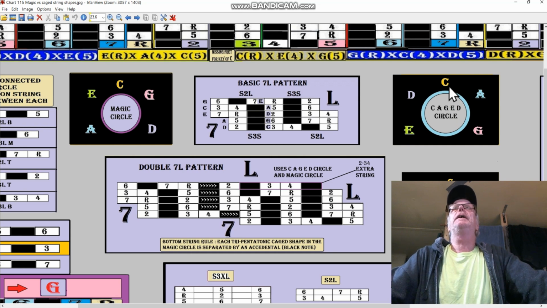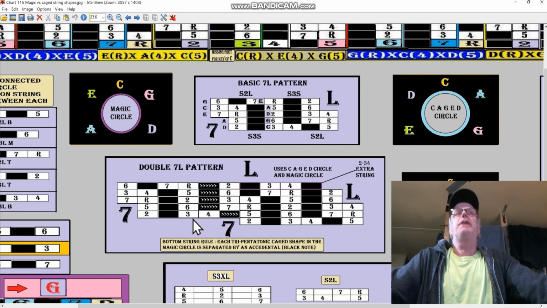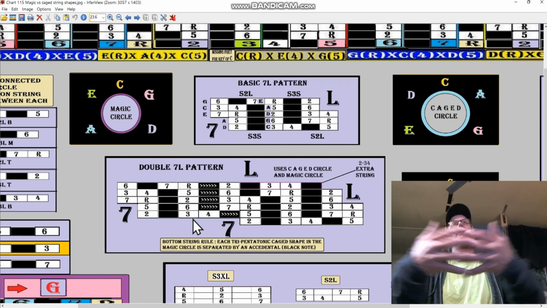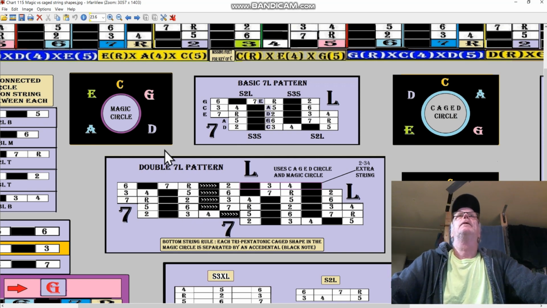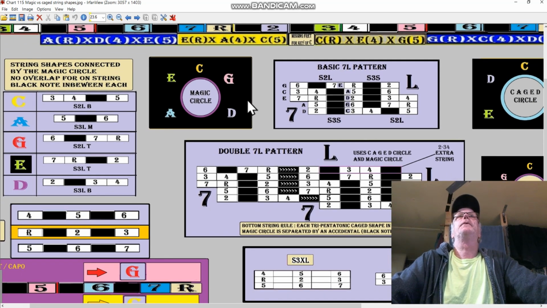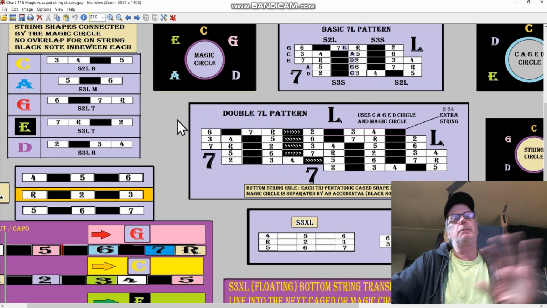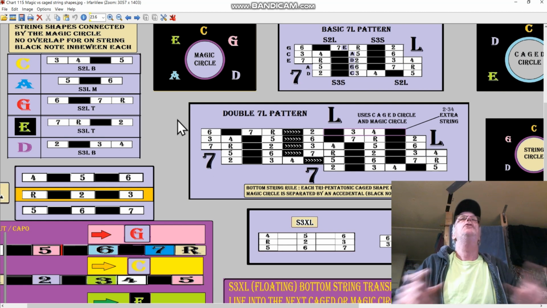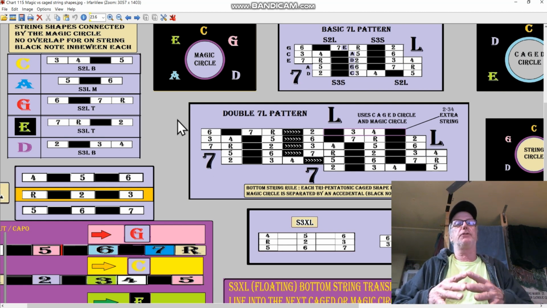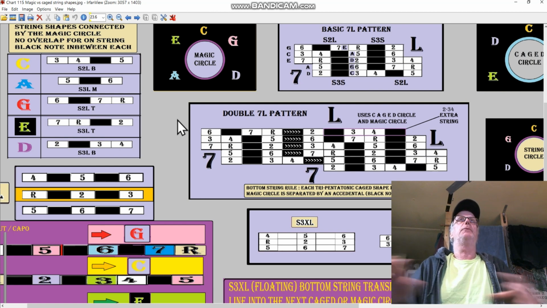Okay, so the cage circle goes C-A-G-E-D, and the 7L pattern has that overlap. So these fragments here, I hate to talk about cage right now because I'm so into the magic circle, but we do need CAGED, and we'll see why.